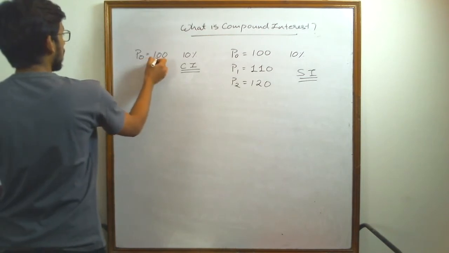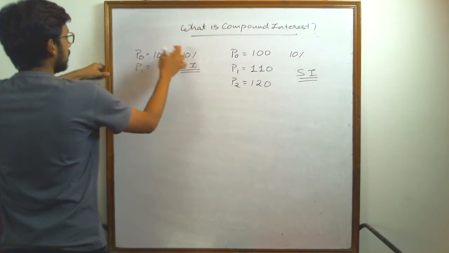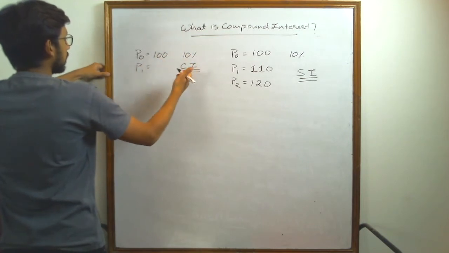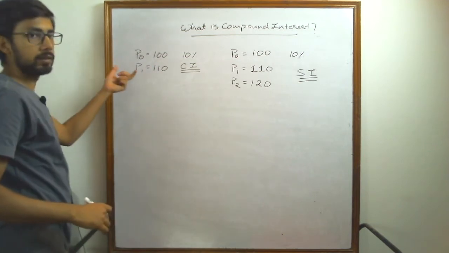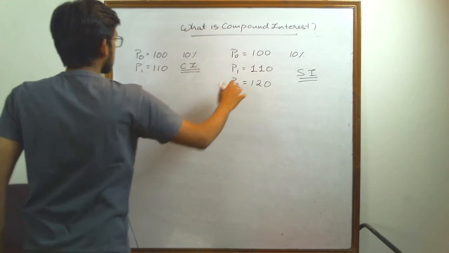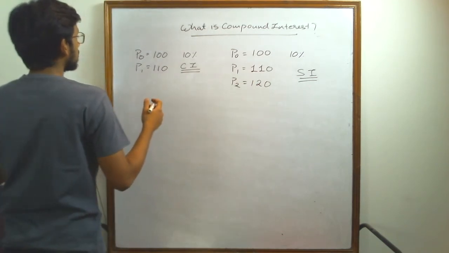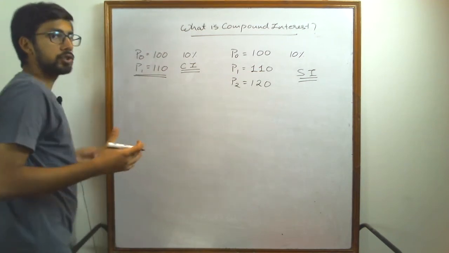If I have initially 100 rupees in the bank, then after 1 year I will get 10% of this amount added to the bank account. That means I will have 110 rupees in the first year, which is same as that I got for the simple interest. But now what happens is, for the next year, this amount becomes my initial amount.